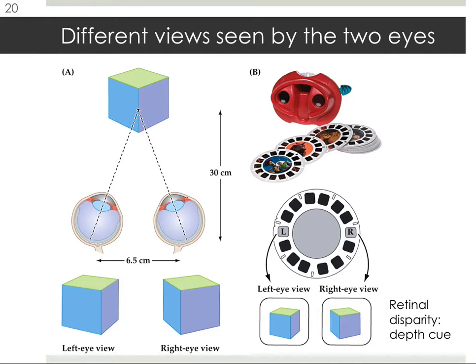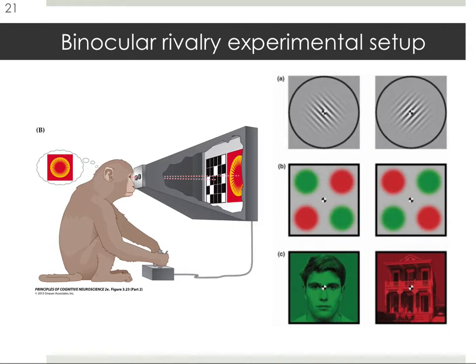That also helps visual neuroscientists decide on experimental setups that make use of this difference between the left and right eyes. These are a whole set of studies known as binocular rivalry experiments.